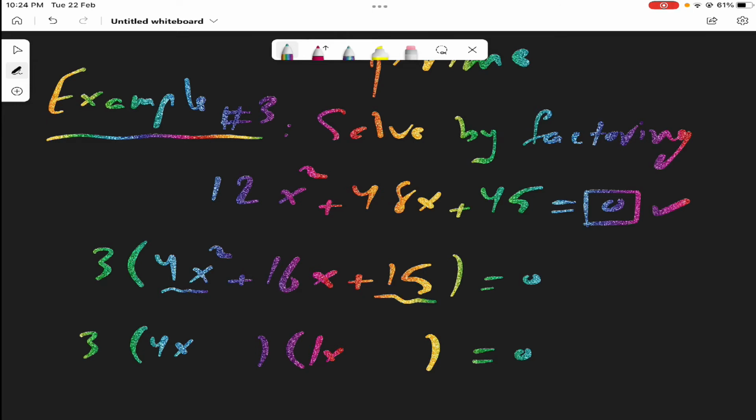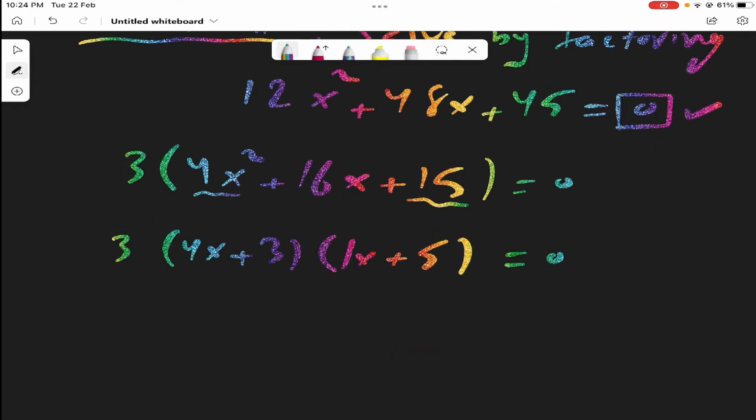What gives me 15? Also two possibilities, 1 and 15 or 3 and 5. I don't think about negative because all of them are positive. So let's say plus 3 and plus 5. To check your answer, you just multiply this by this and this by this. 4 times 5 is 20x. 3 times 1 is 3x.